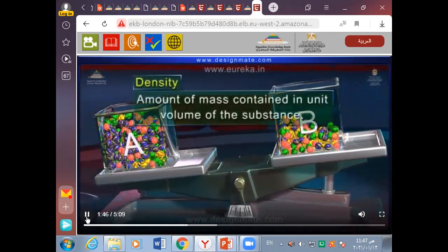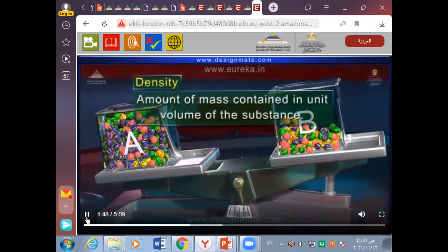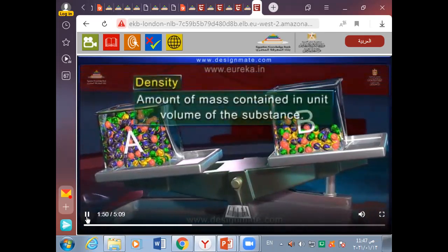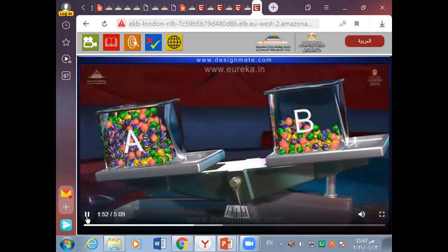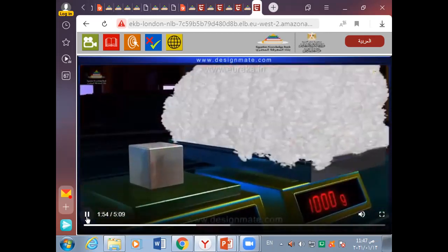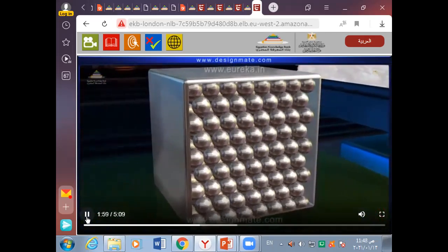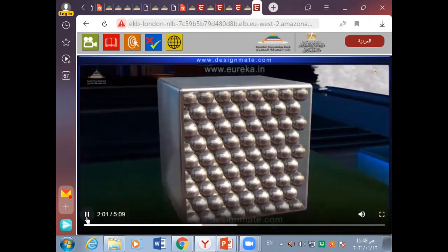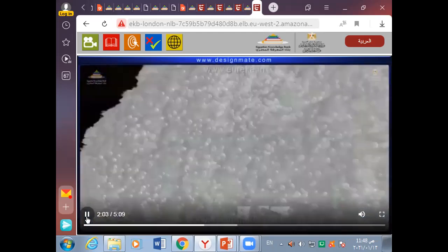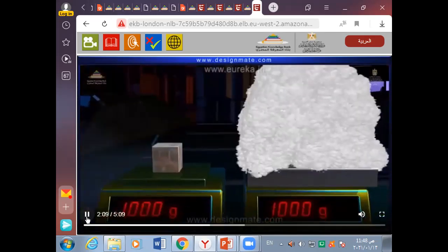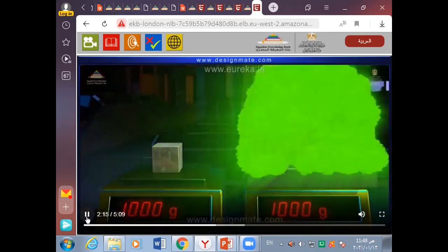Hence, the density of a substance is defined as the amount of mass contained in unit volume of a substance. Similarly, in a substance like iron which has more density, the atoms are more closely packed than in a substance like cotton which has less density. Hence, the same mass of a more dense substance will occupy less space than the same mass of a less dense substance.